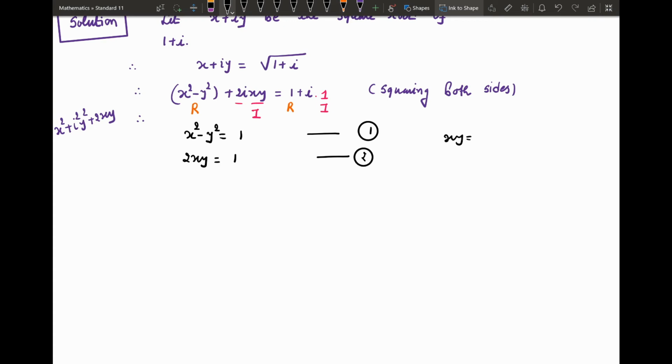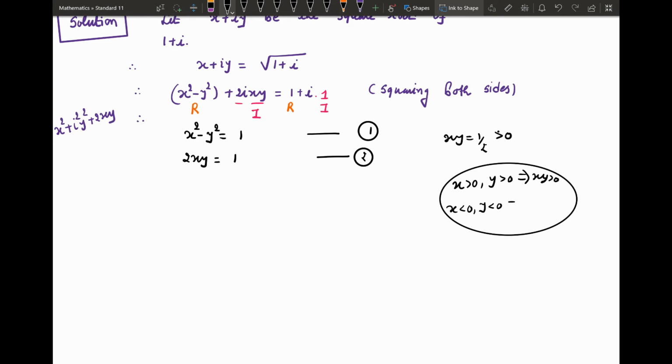Again we note that xy equal to 1 half, which is greater than 0. So if x is positive, then y must be positive, so that positive into positive is positive. If x greater than 0, then y greater than 0, so xy will be greater than 0. And if x less than 0, then y less than 0, so that negative into negative is positive, so xy will be greater than 0.